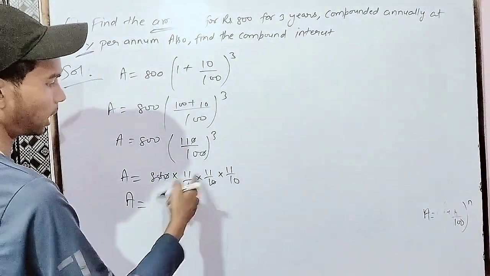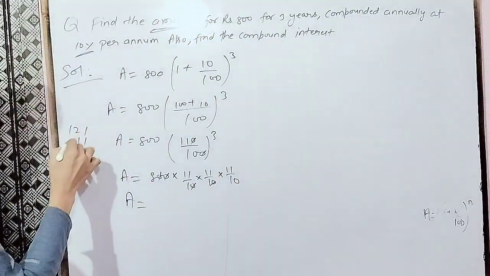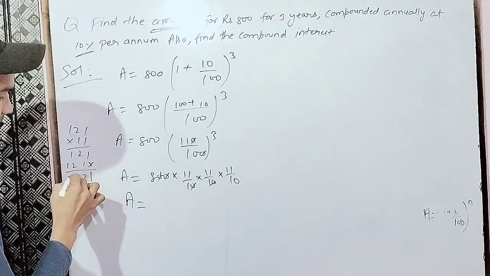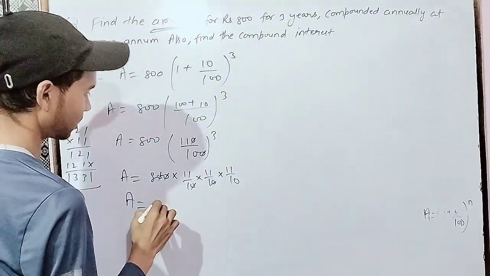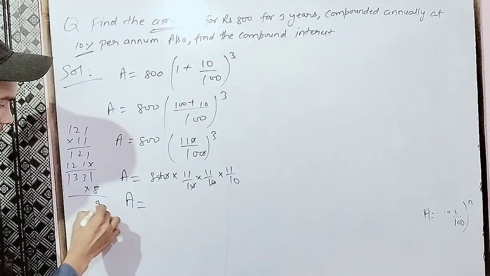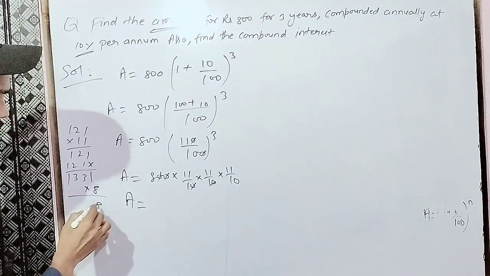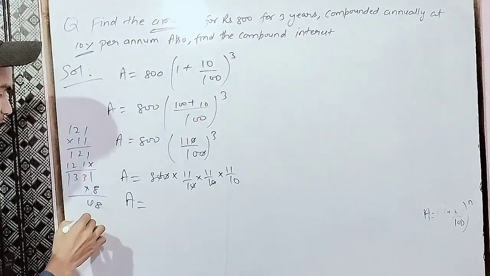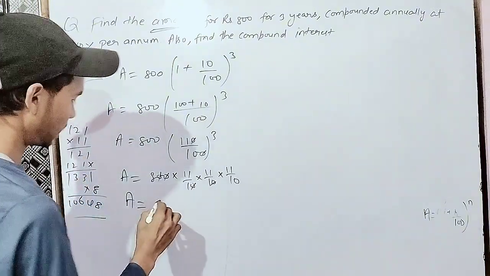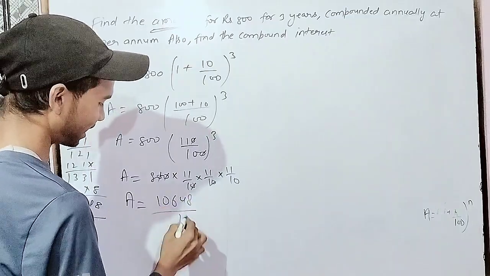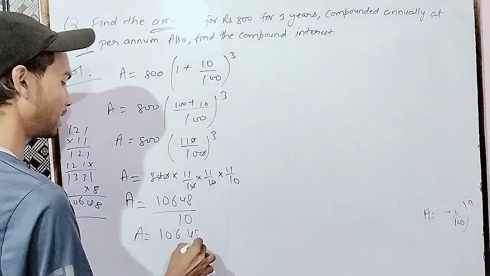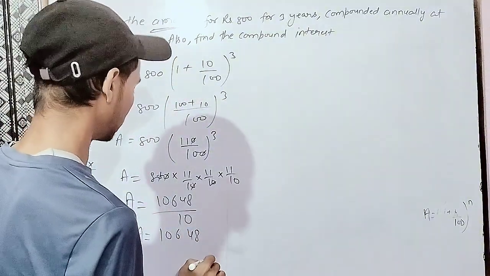Now 11 elevens are 121, and again 11 times 121 gives 1331. 8 ones are 8, 8 threes are 24. So 10,648 upon 10. Finally 1064.8 is the final amount.